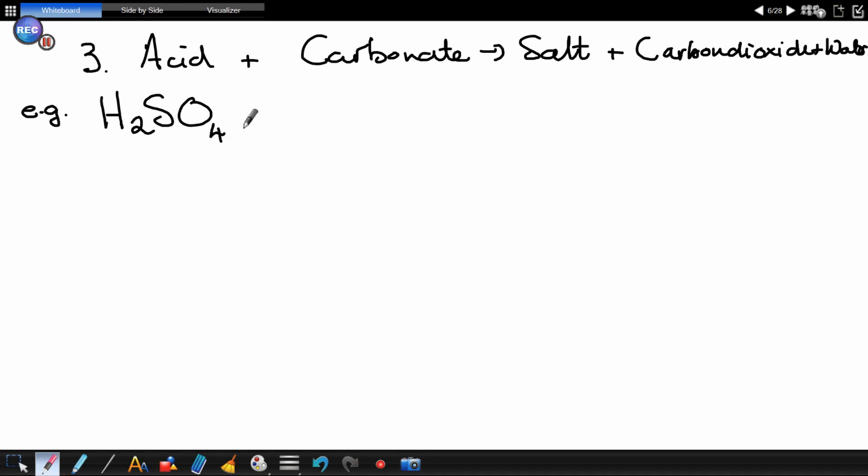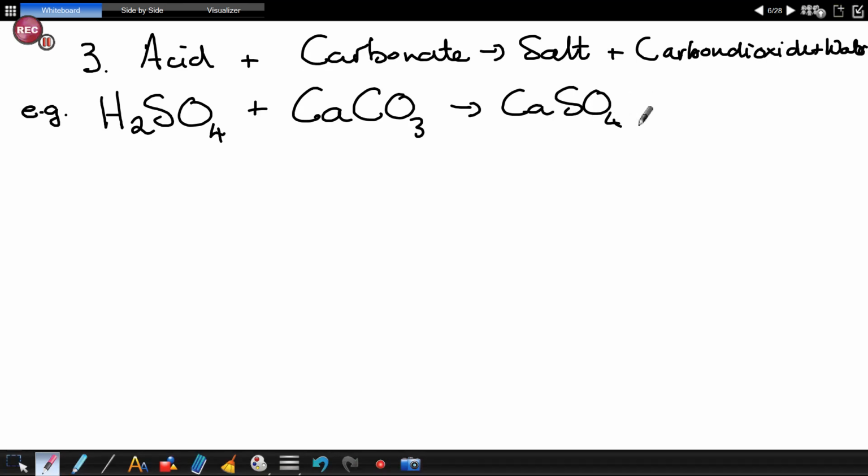It's a carbonate, so you've got to have a carbonate. Yes, calcium carbonate. So the salt that will form is calcium sulfate, and carbon dioxide and water. To balance the equation, it seems to be balanced.